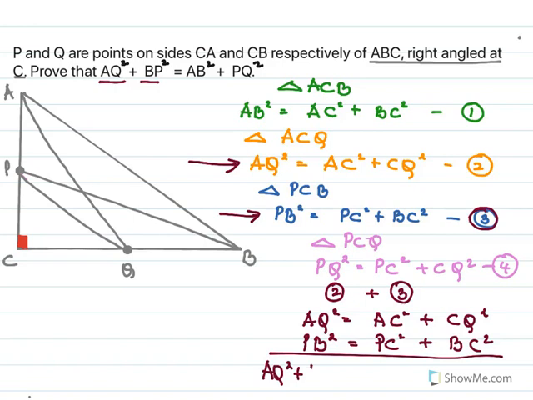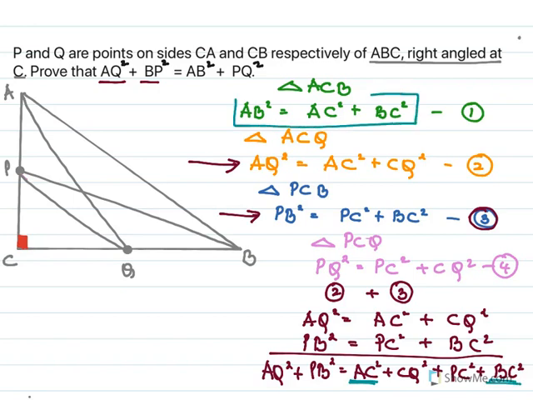So when we add up, we have AQ square plus PB square equal to AC square plus CQ square plus PC square plus BC square. We are adding up both the equations. But look up very carefully and see what is AC square plus BC square. Look up here.